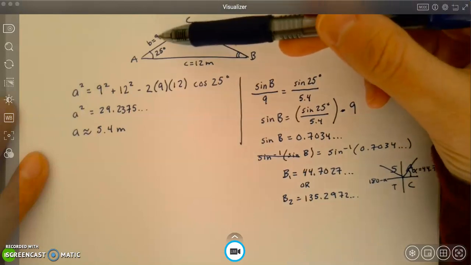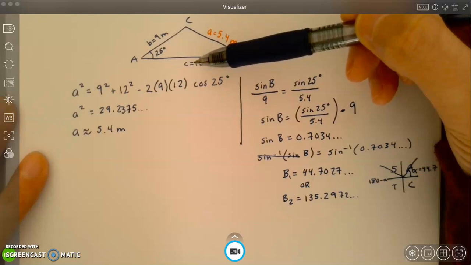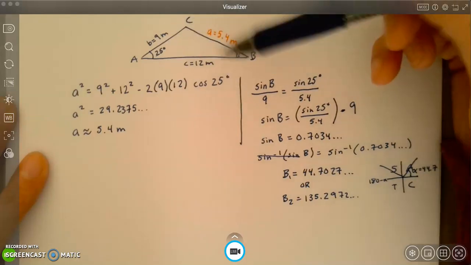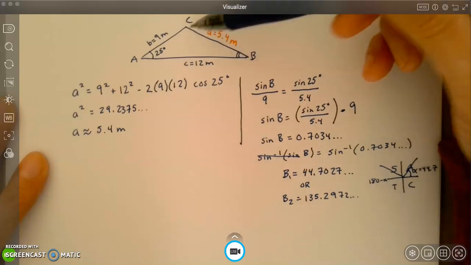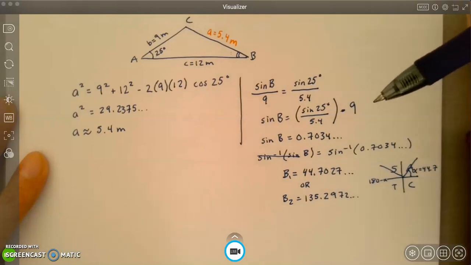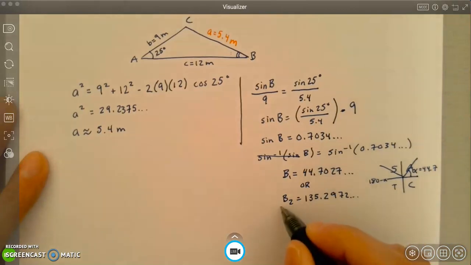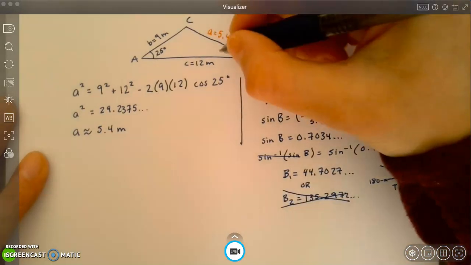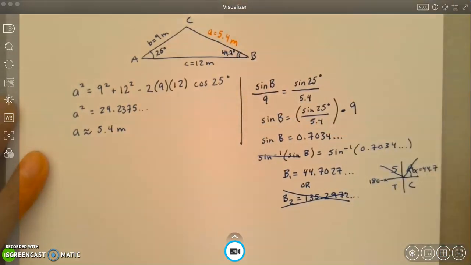Because angle B's side is smaller, right? So side C and angle C correspond. Side C has to have the largest angle, so it's not possible for angle B and angle C to both be obtuse. That wouldn't make sense. There's only 180 degrees in a triangle. So it's not possible for angle B to be obtuse, so I can disregard this answer, and I know that angle B has to be 44.7 degrees approximately.